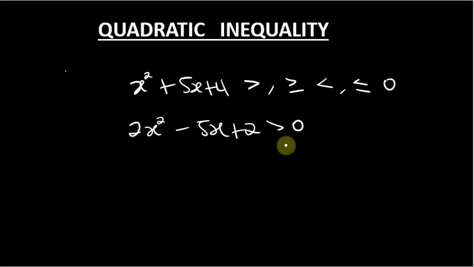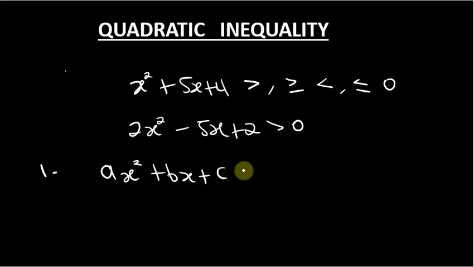So today we want to consider how we can find the true set of some quadratic inequalities. But before we do that, we have four main types or forms of quadratic inequalities, which we'll be going through. The first one will be of the form ax squared plus bx plus c being greater than or equal to 0.